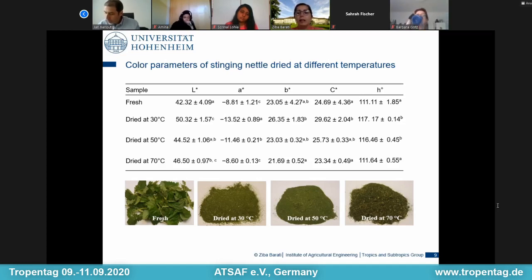The reason can be explained by degradation and oxidation of compounds due to the high temperature of 70 degrees Celsius and the long drying time at 30 degrees Celsius.